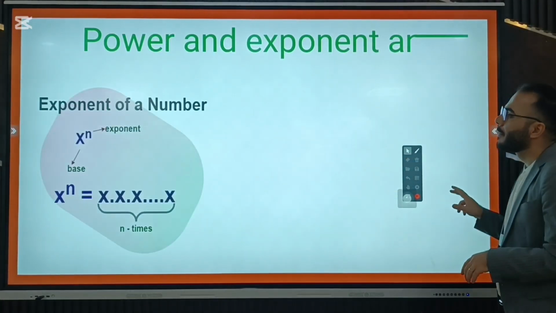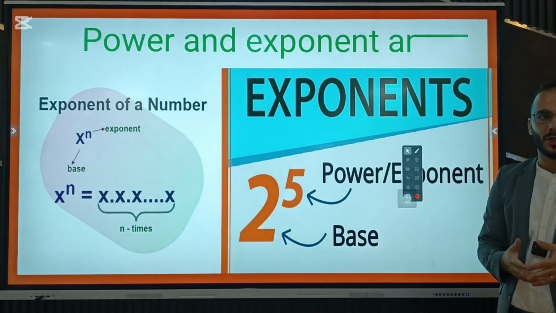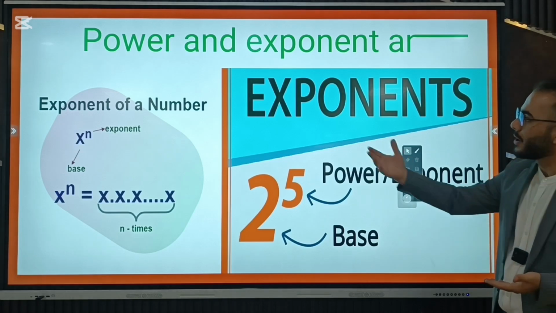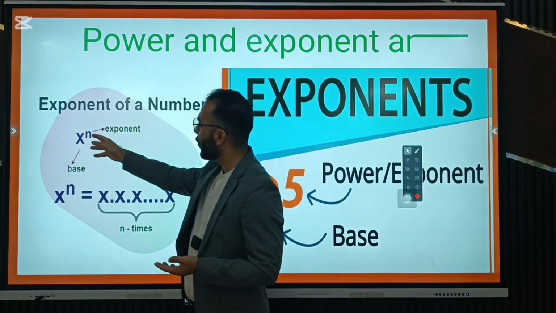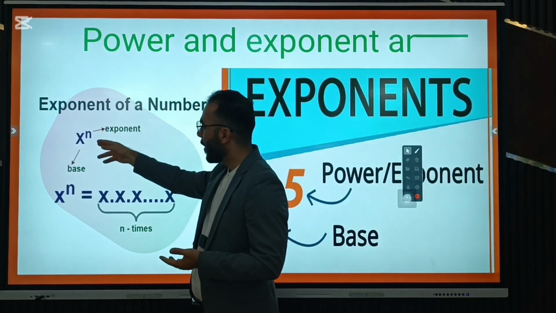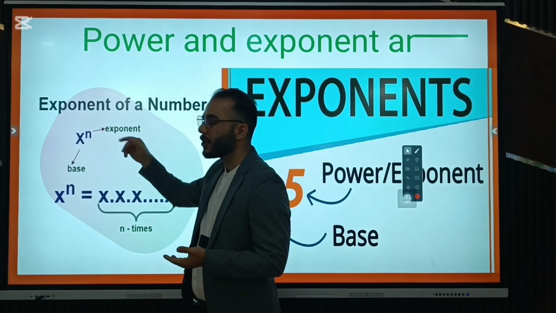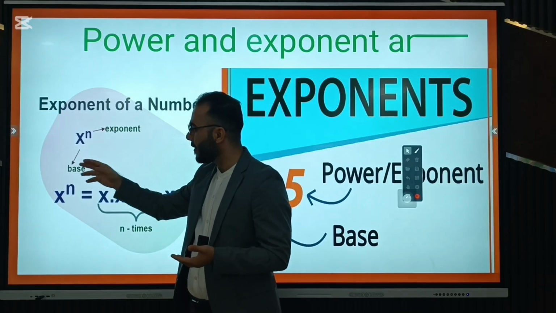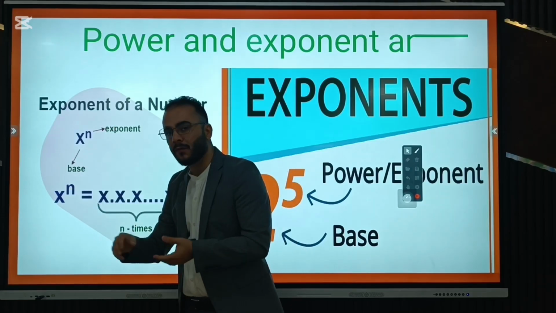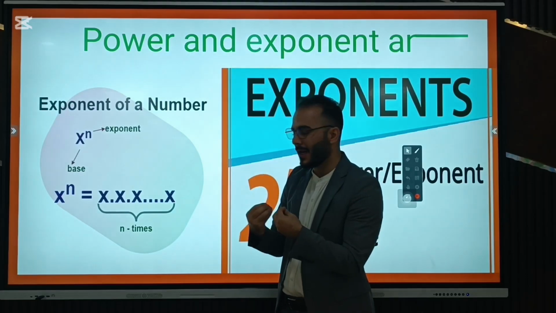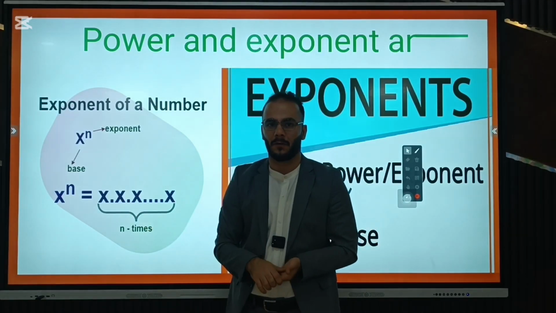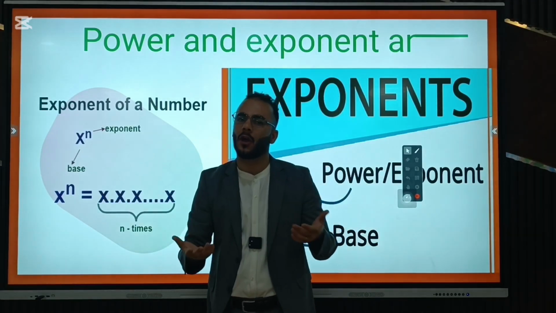In our PowerPoint, we have a representation of exponent and power. The exponent of a number, x to the power of n, x powered by n: we call n the exponent, and x is the base. So x to the power of n means we multiply x by itself n times. This n can be any number.